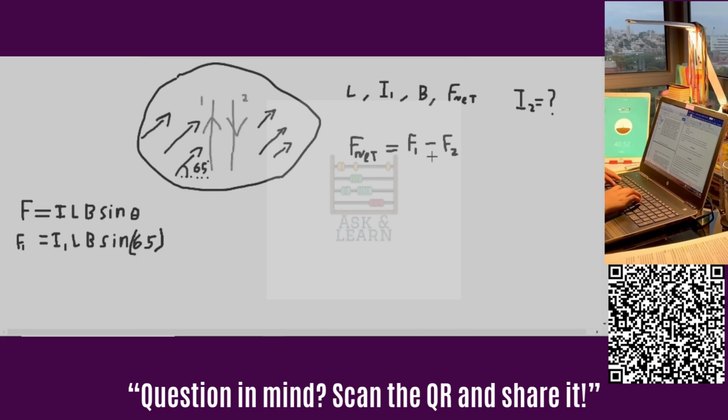Okay, so now for the second equation, for F2, we're missing a couple things here. We can't just straight up plug it in. We're missing I2, and we don't have a value for the second force here. We don't have F2. But we can do a little bit of math here and get an equation for it.